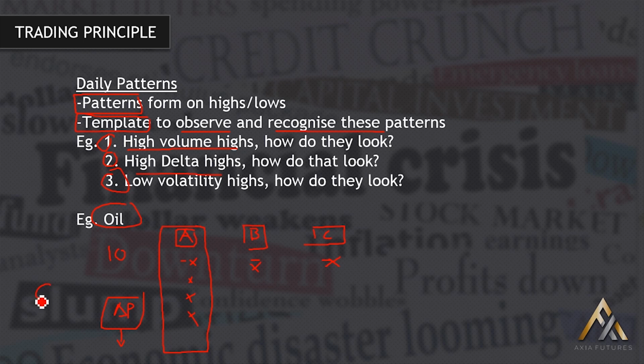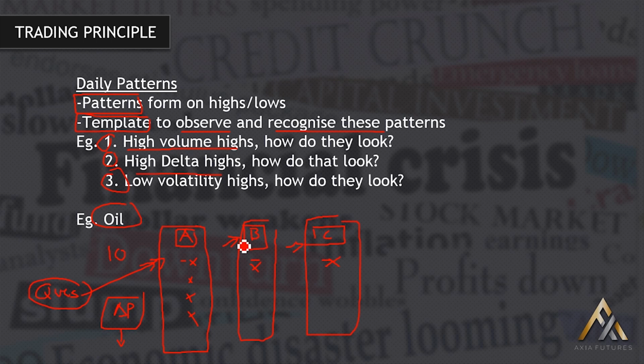So we begin to create a series of questions that we then pose to this bucket A. And we do the same thing for bucket B, and we do the same thing for bucket C. And what's going to end up happening is you're going to start to find that the answers to the questions you ask about bucket A, bucket B, and bucket C are all going to begin to spit out some similarities.